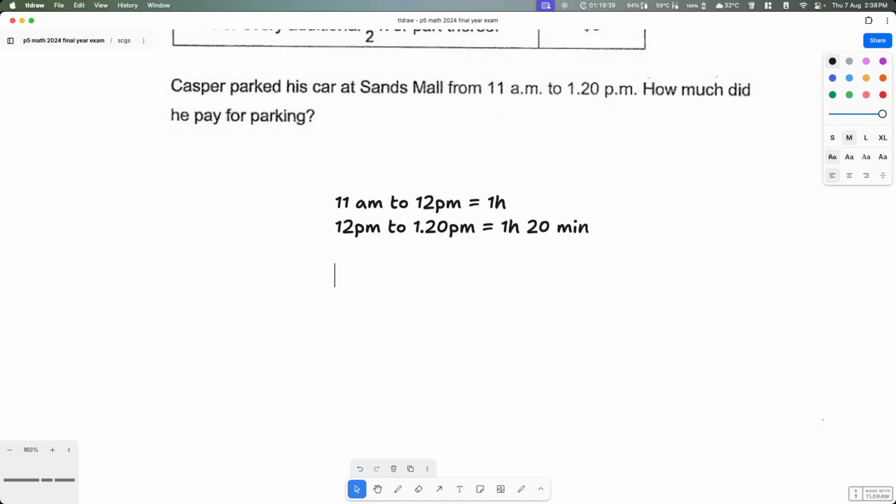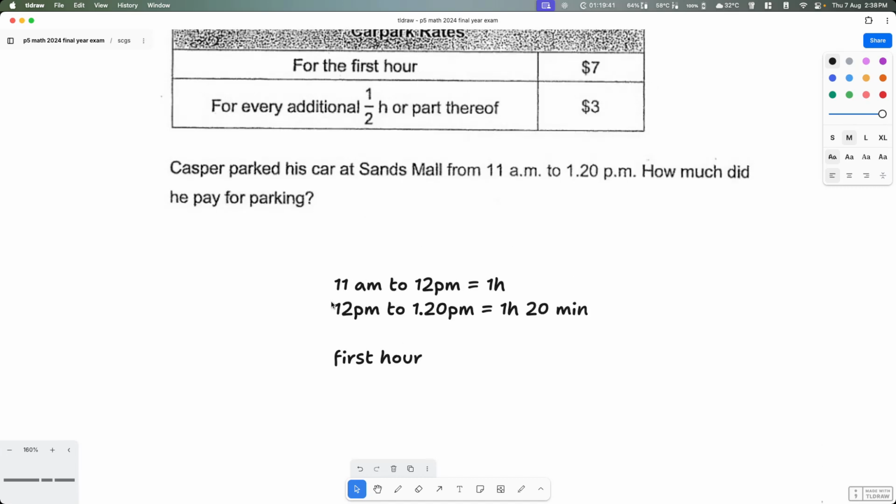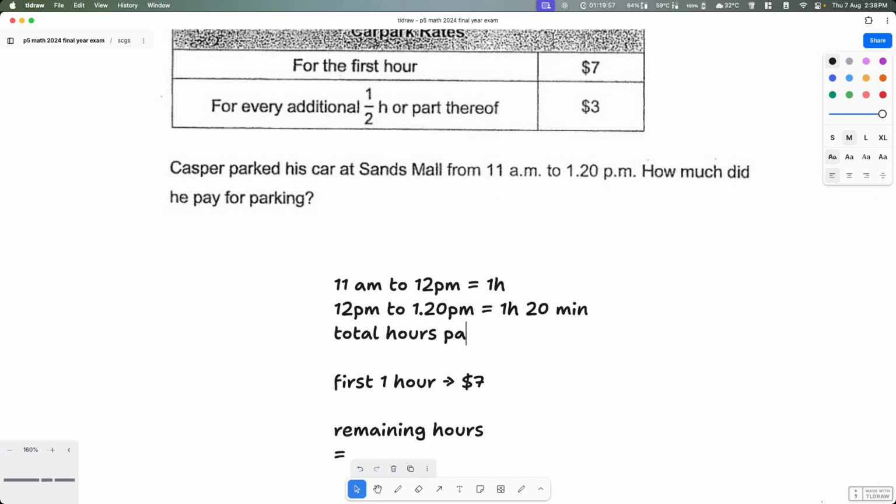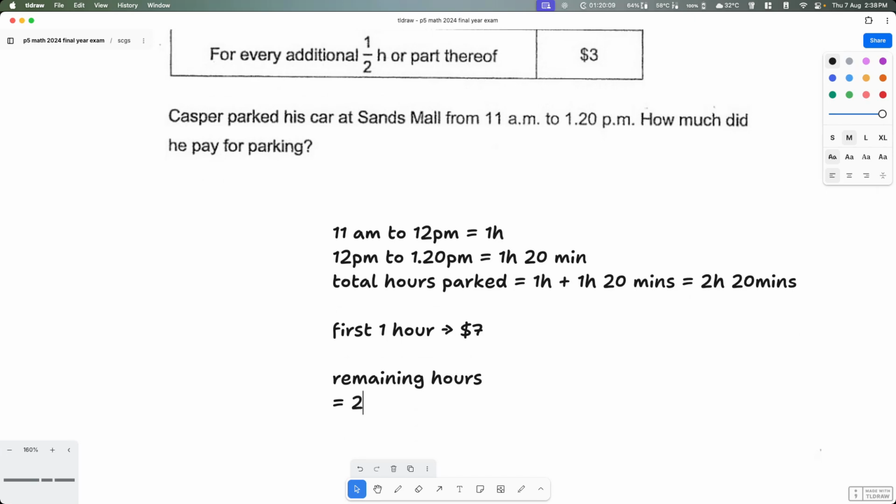So the first 1 hour will become $7. Then for the remaining hours, total hours parked is equal to 1 hour plus 1 hour 20 minutes, equal to 2 hours 20 minutes. So remaining hours is 2 hours 20 minutes minus 1 hour, which is 1 hour 20 minutes.